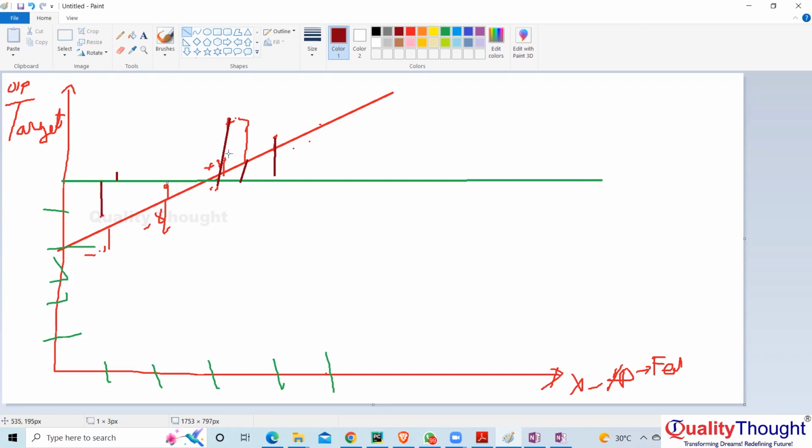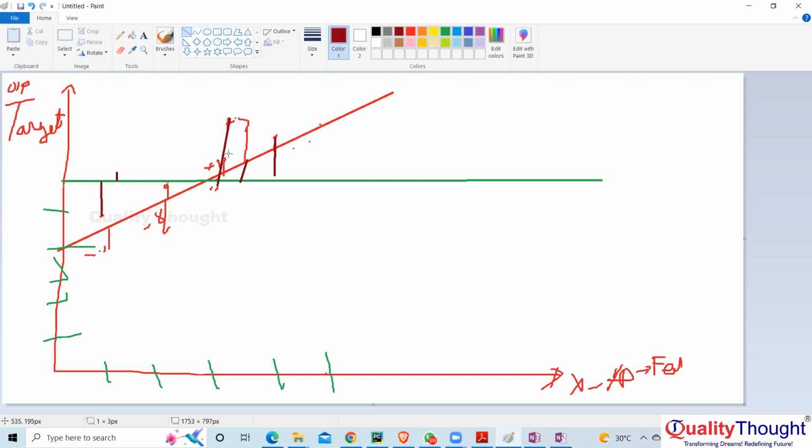Same points are the same. If we had not performed regression, we would have gone with the average value. That's what we do, right? We discussed this before. So you find the distance between the point and the average line, and you do the total. That is called your sum total.